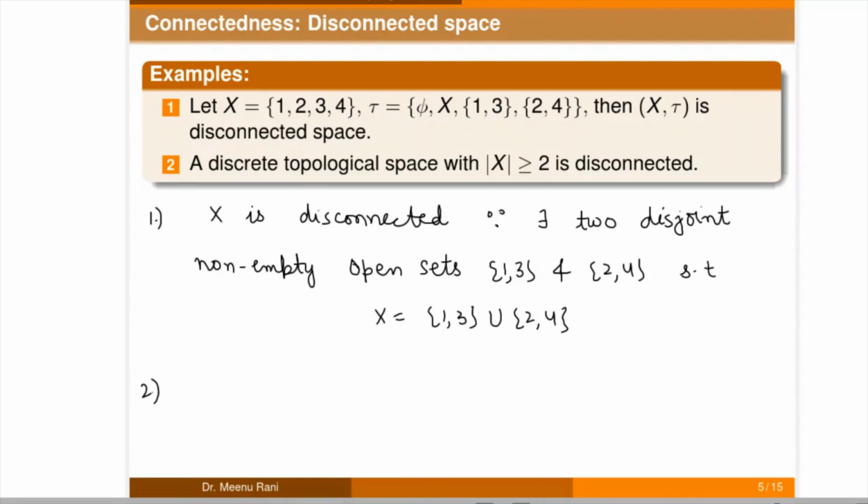Now in the second example, a discrete topological space having more than one element is disconnected. Now we know that in the discrete topological space, every subset of that space is open as well as closed. So if we take any subset A of X, where X is a discrete topological space, then A complement is also a subset of X, which implies that A and A complement are open.